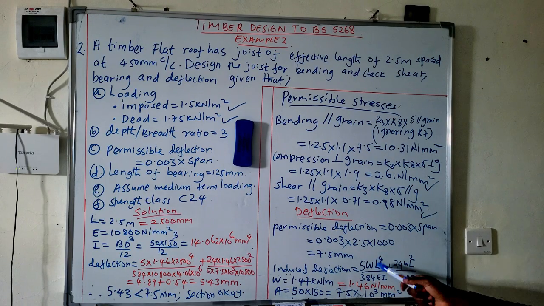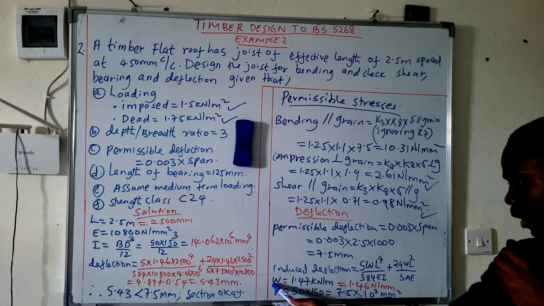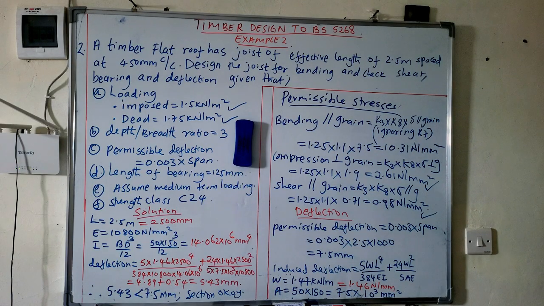If we break this down, W is the loading on the beam, which is 1.47 kilonewton per meter. So we will have to convert this kilonewton per meter to Newton per millimeter. We know that 1 kilonewton is equal to 1,000 Newton and 1 meter is equal to 1,000 millimeter. So if you carry out the conversion correctly, you will remain with the same figure.